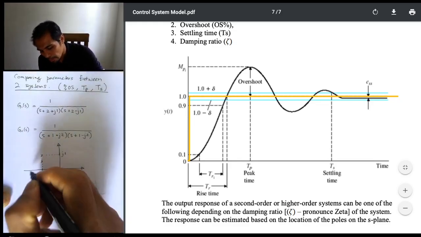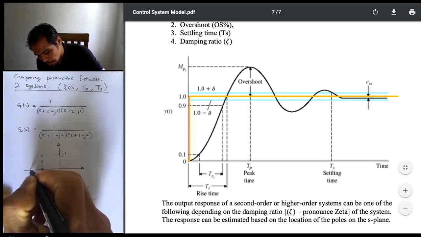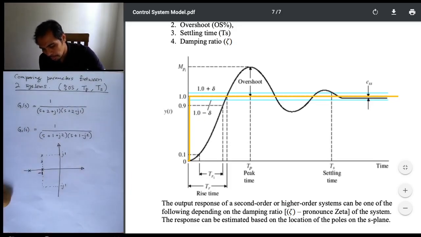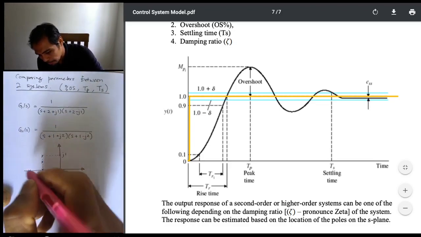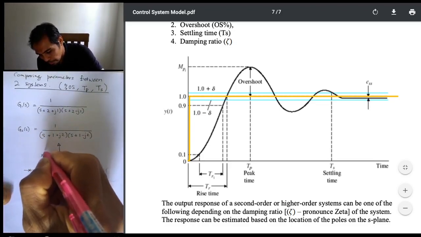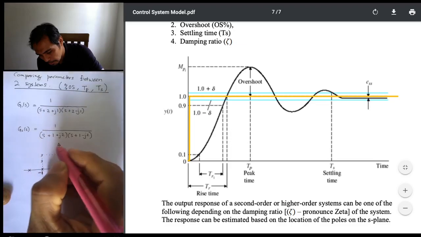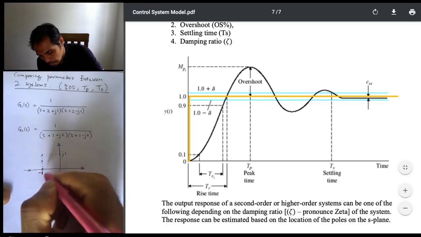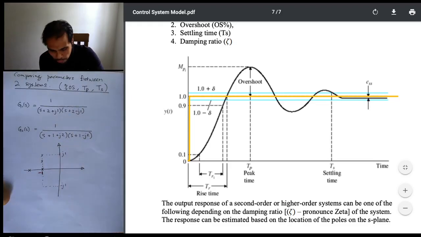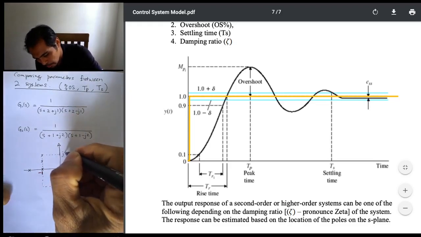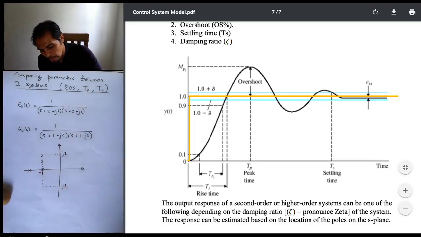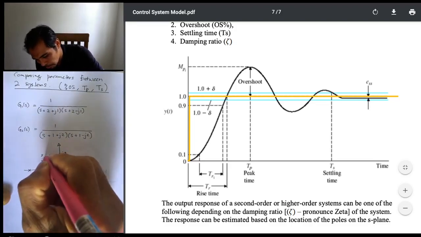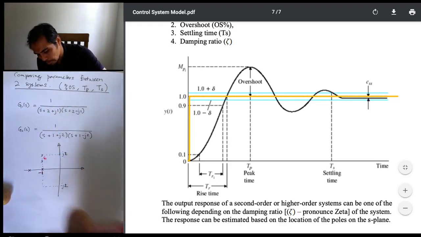There's another one at -2. This is system 1, this is system 2, G2.